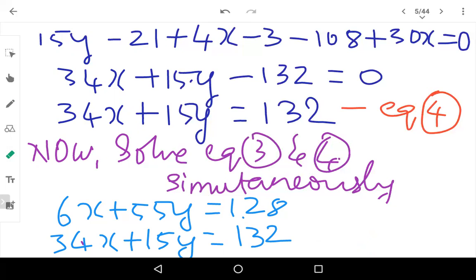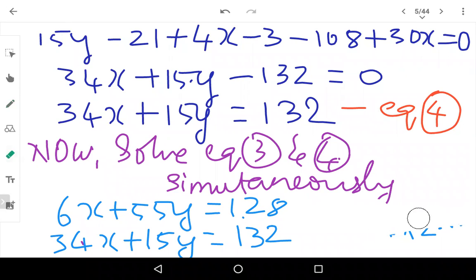Can you find a number? Let's check with 34. 34 into 2. How much do you get? You get 68. 68, divide that by 6. No, it's not divisible by 6.